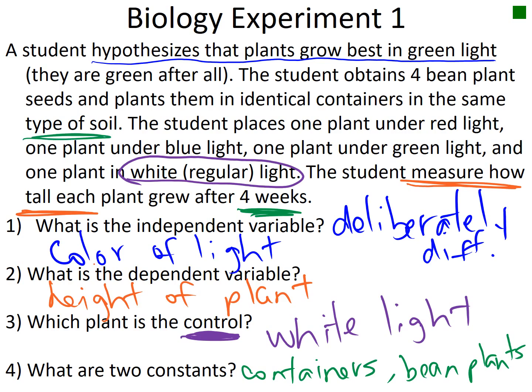Containers, the type of soil is another constant. So you only had to name 2, but you can see that there are 4 named specifically in the description. We could also assume that they each got the same amount of water, because if one plant got more water than another, it would throw off the results.